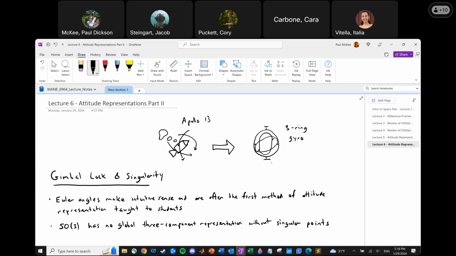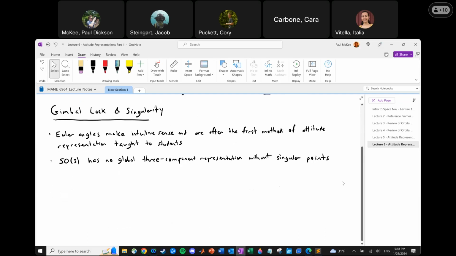So what that means is that gimbal lock is an issue with Euler angles. It is also an issue with attitude transformation matrices. It is also an issue with angle vectors. As a matter of fact, we're only going to learn one method of attitude determination or attitude description, which does not ever fall victim to gimbal lock. So we'll get to that a little bit later.